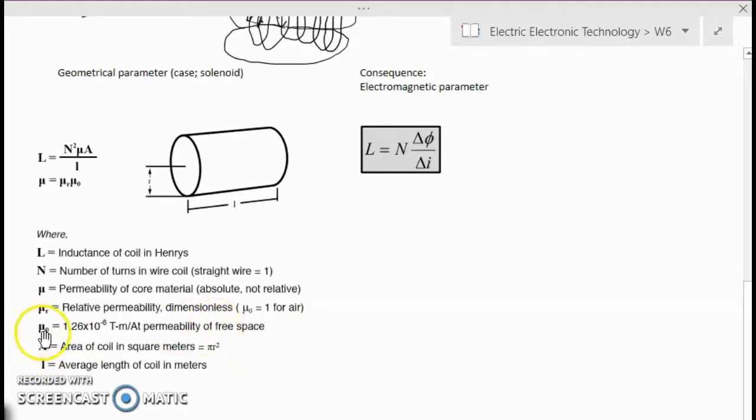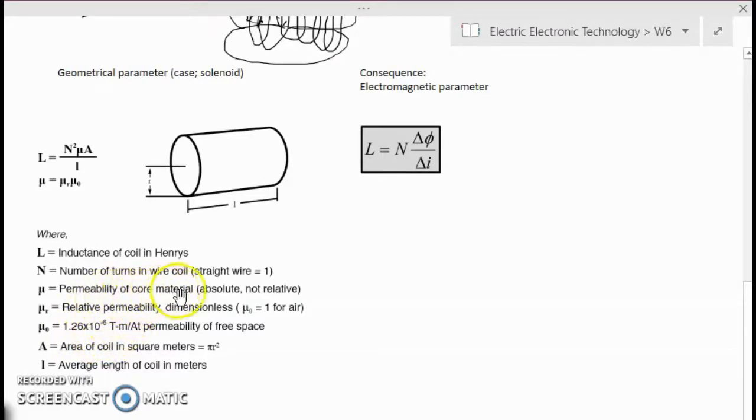For example, mu 0, the permeability of free space, is very, very low at 1.26 times 10 to the minus 6 Tesla meter per ampere turn. It means it conducts very, very poorly. Free space doesn't conduct magnetic flux very well, right?